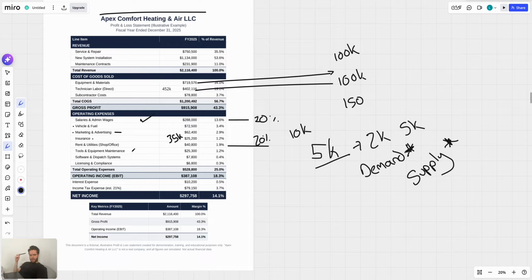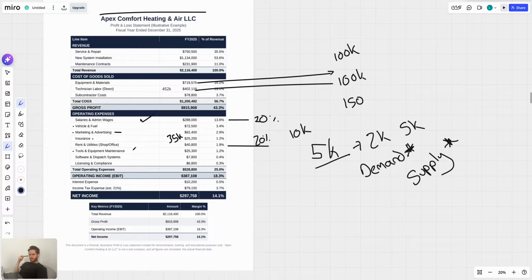Tools and equipment and maintenance. This is something where, for example, tools and equipment, there could be one-off purchases. That's an obvious one. But I would take this at face value.